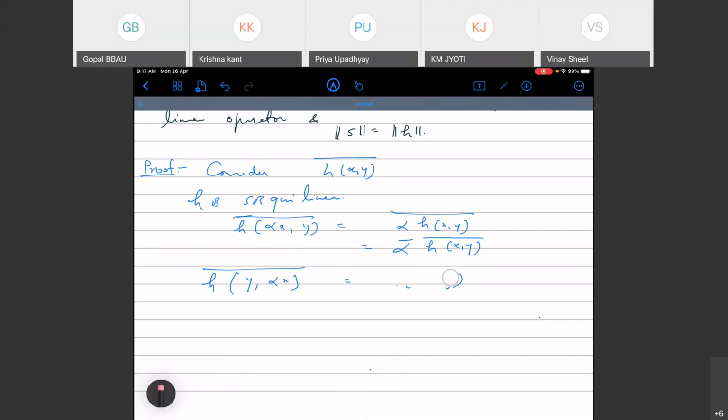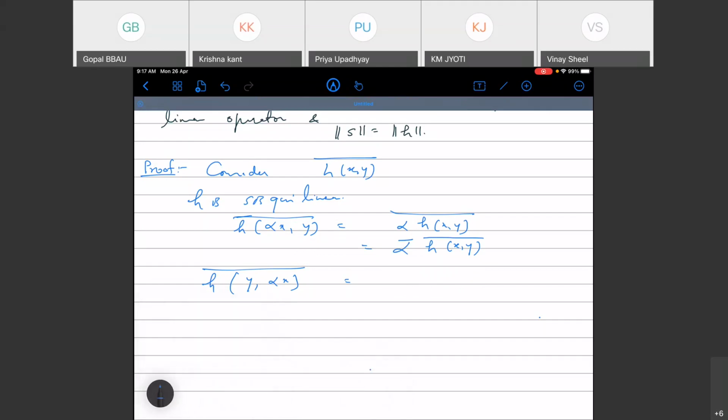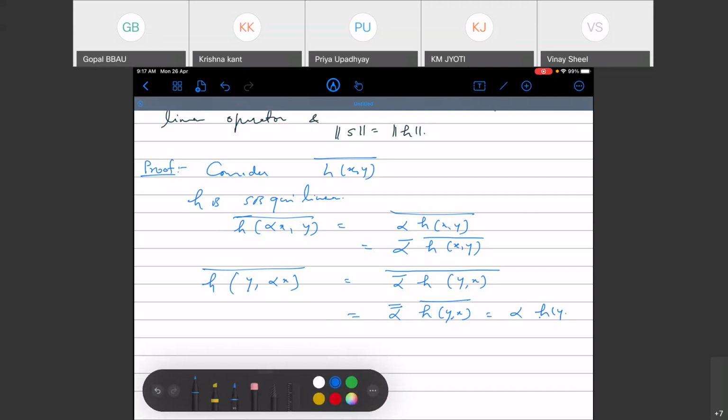No, let me write it again. You know h is sesquilinear, so this is alpha bar h y x whole bar. So this is alpha bar bar h y x bar. So alpha bar bar is alpha. I did something wrong, but it's okay. You all know what I am writing.